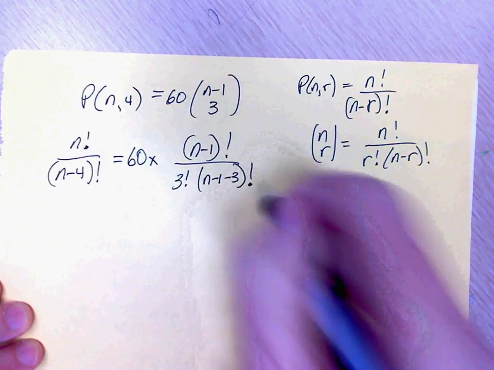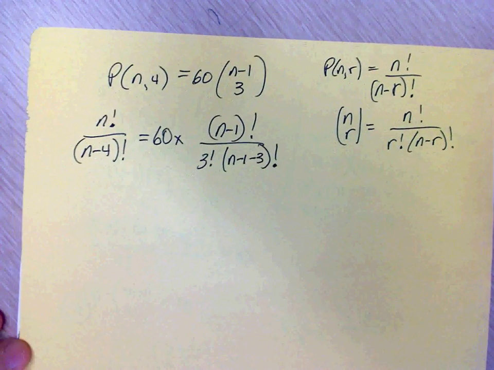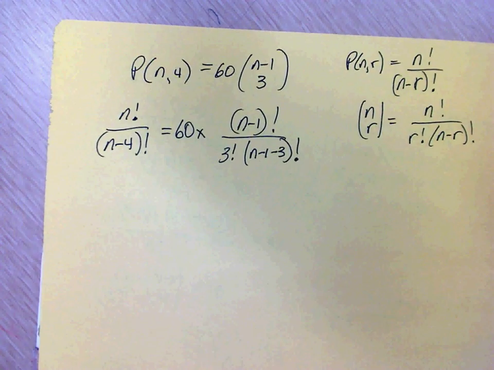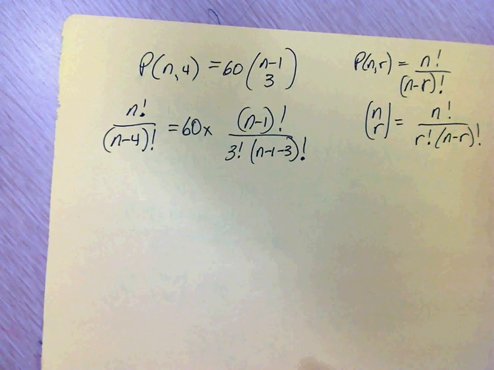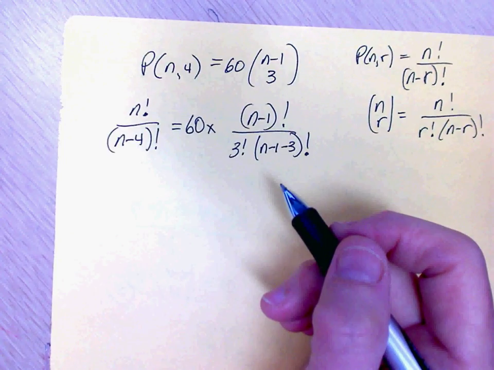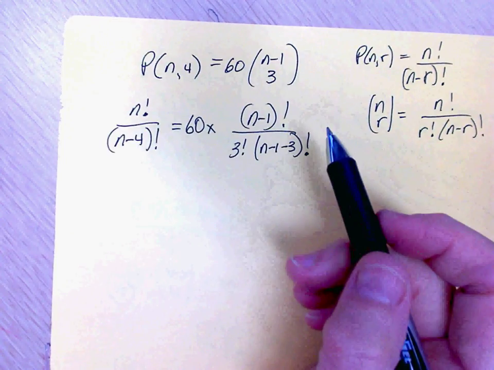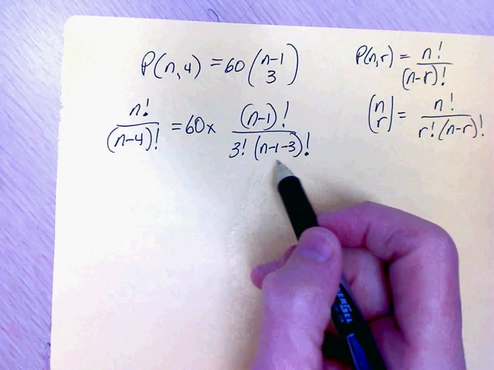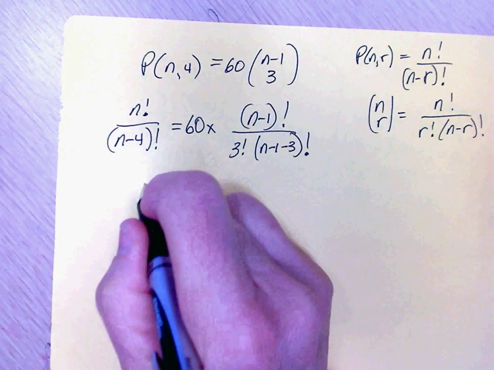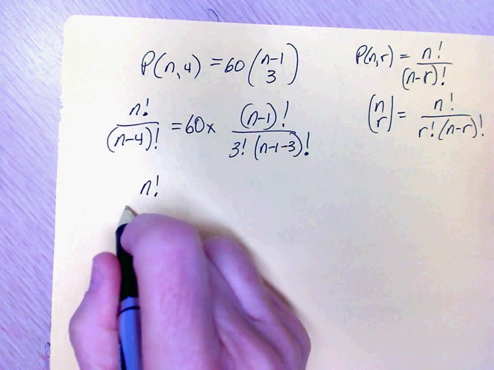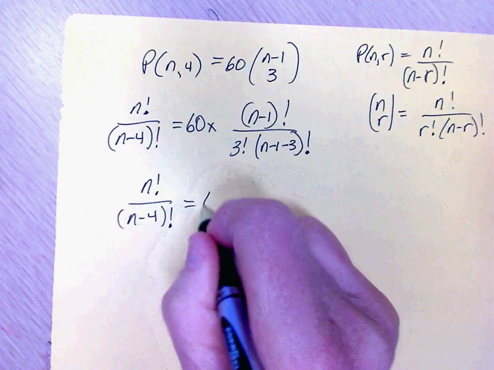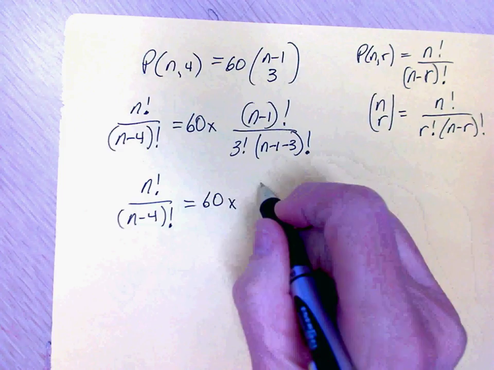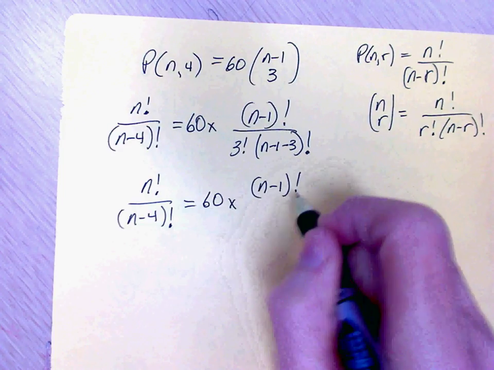So far, so good? Okay. So, I'm going to simplify. Notice this is n minus 4 factorial. Just let me write this out, and we'll be able to get rid of that n minus 4 factorial, which will be nice. 60 times n minus 1 factorial over n minus 4 factorial.